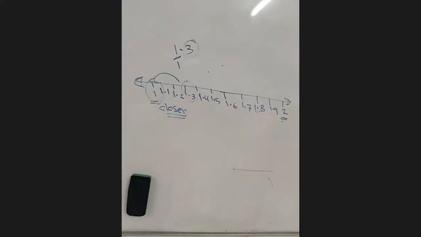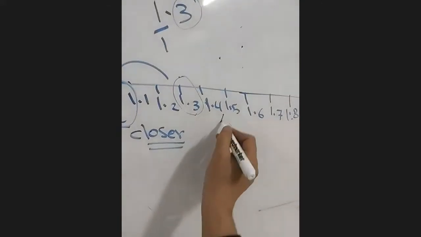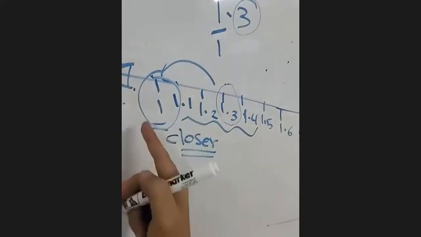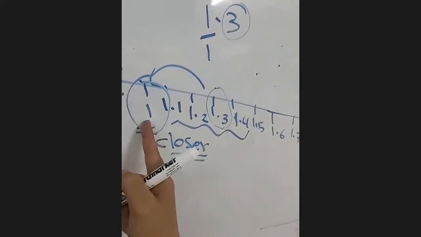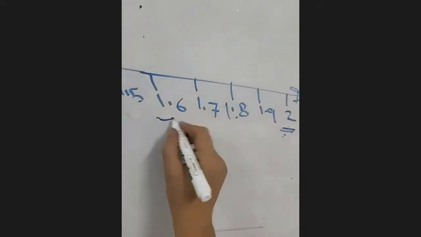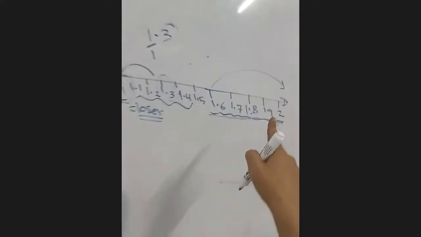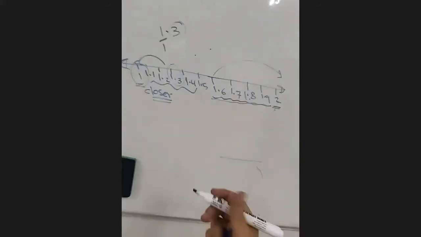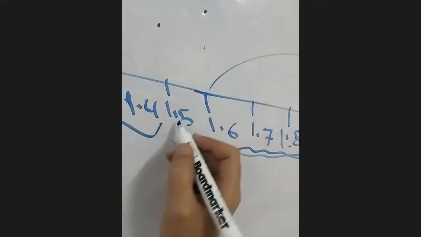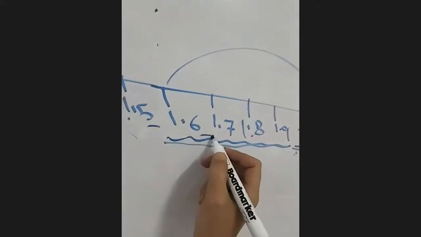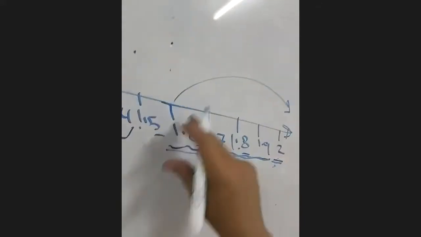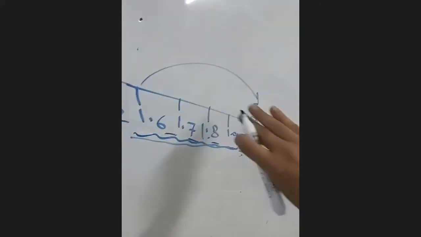Else, these numbers here are all closer to 1 than 2. But these numbers here are closer to 2. That's why if after the wanted digit we have 5, 6, 7, 8, 9, we add 1, to make it closer here. Got it?